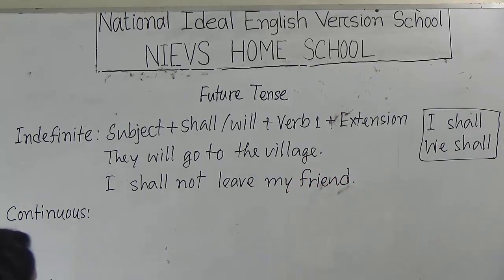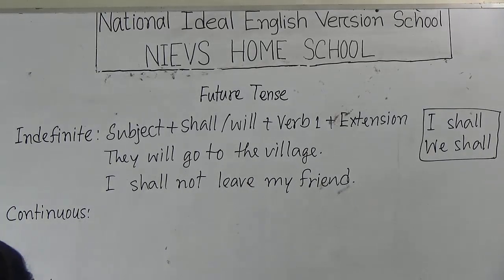That means I made a promise for future. So we use future indefinite tense to make a promise or to predict a possibility in future, and the action will begin and end in the future. And now future continuous tense.